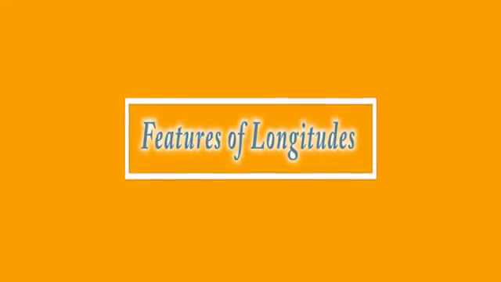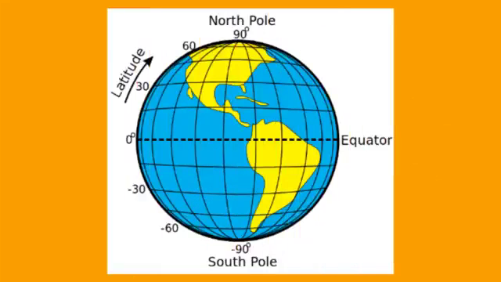Features of longitudes. The lines of longitude are semicircles that run from one pole to the other pole. They run in a true north-south direction. They are spaced farthest apart at the equator and come together to a point at the poles.